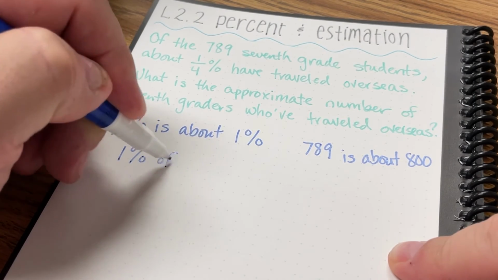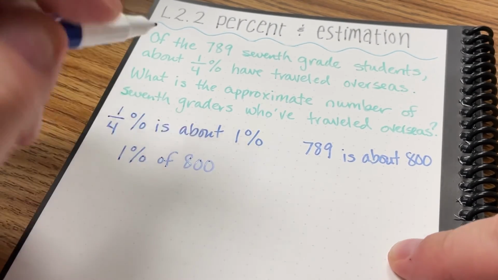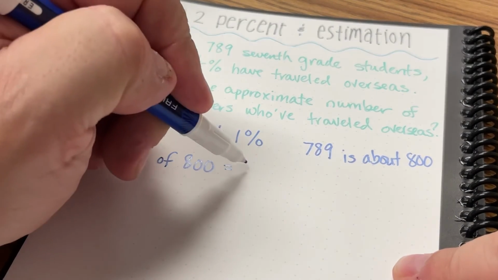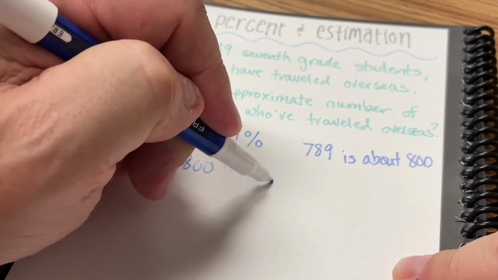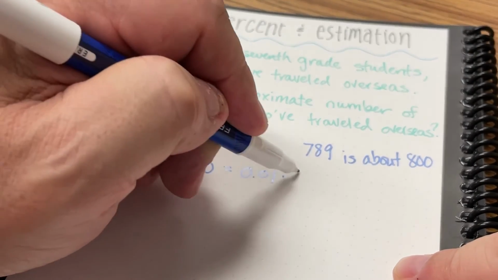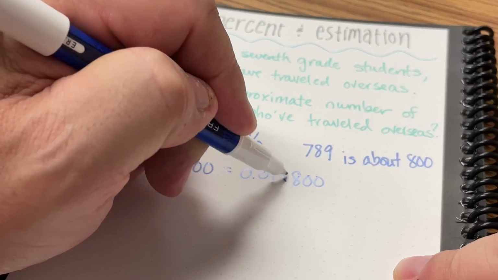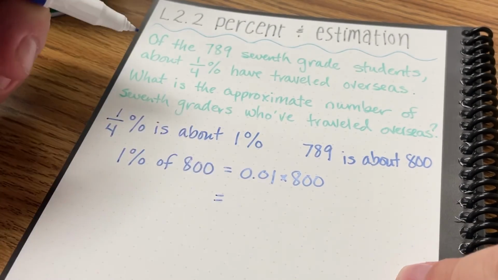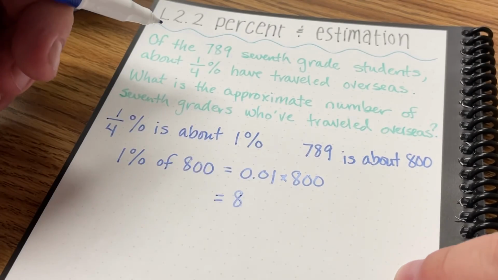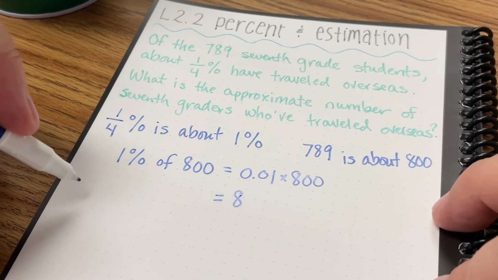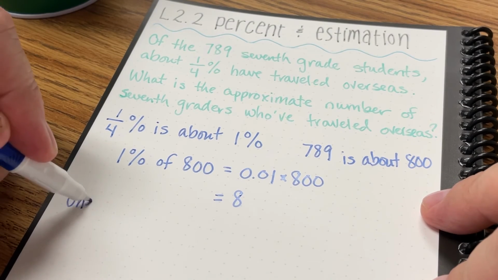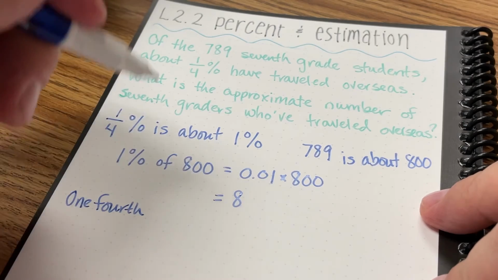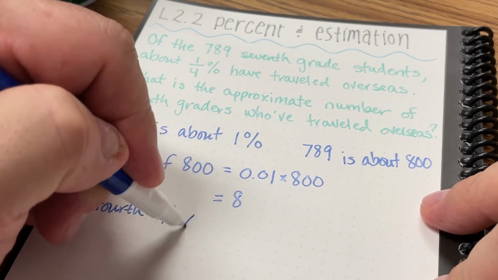I want to find 1% of 800. So I can think of 1% as 0.01, and then I'm going to multiply that by 800, and that's going to give me 8. Now what I want to find out is 1/4 of 8.